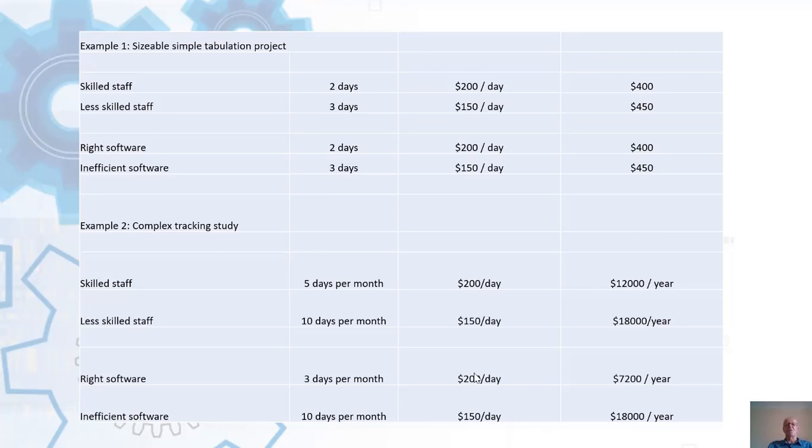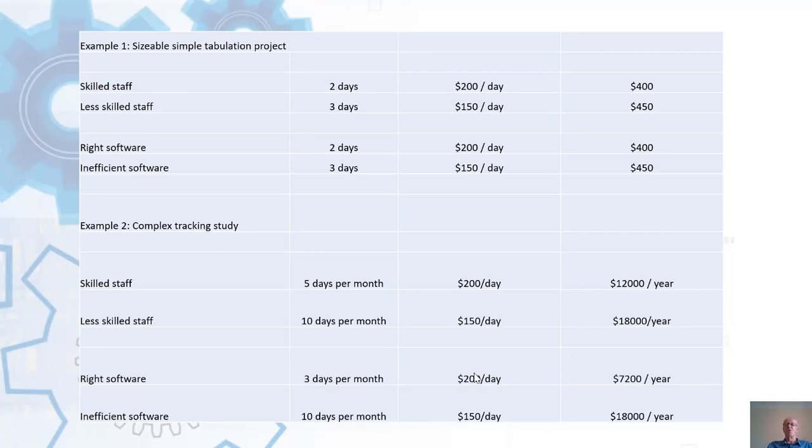With inefficient software, it still might be 10 days a month. It might be 15 days a month. You'll need to look at that, obviously, depending on your cost per day and your particular project. But you can see the sums of money start to get quite significant. I don't think this is an exaggerated example: the cost of handling this varies between $7,200 a year to $18,000.